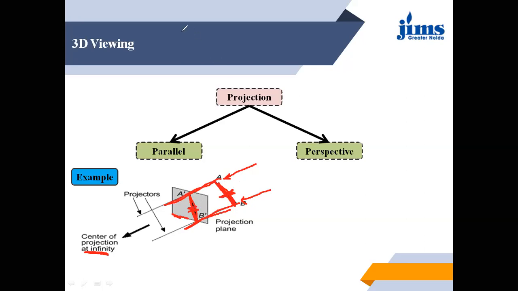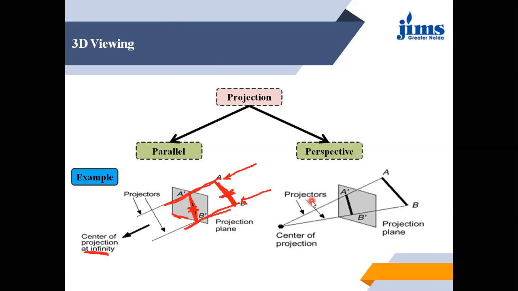But in case of perspective projection, the center of projection is nearby, meaning the projection rays are not parallel to each other. You can see from here that these two projection lines are parallel, but these two are not parallel.